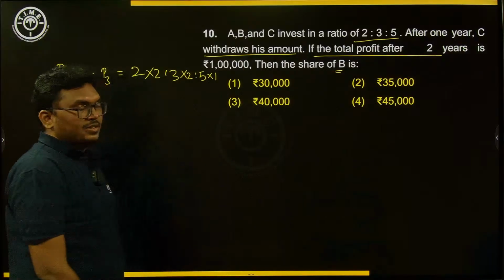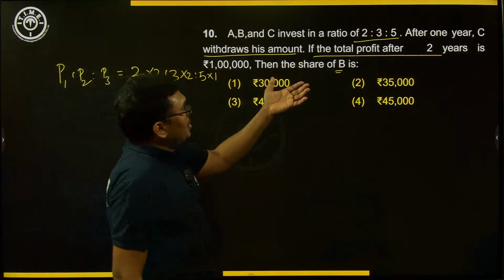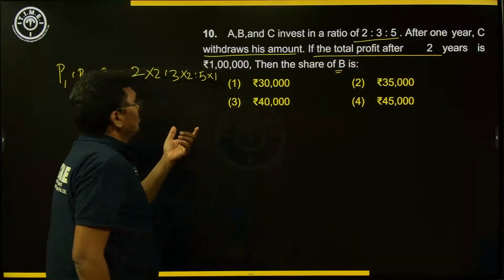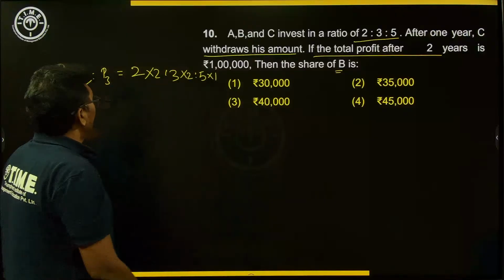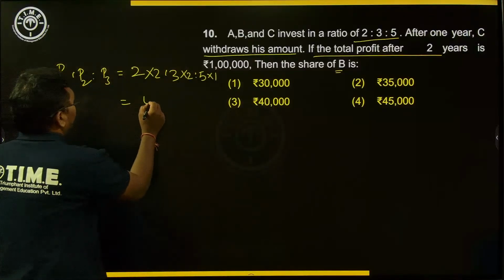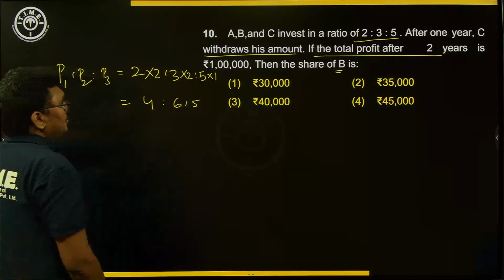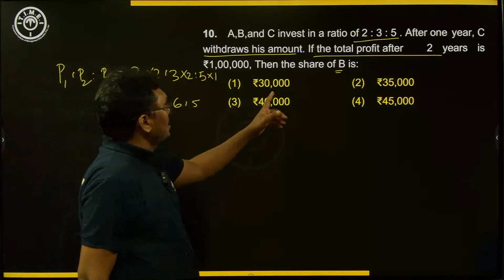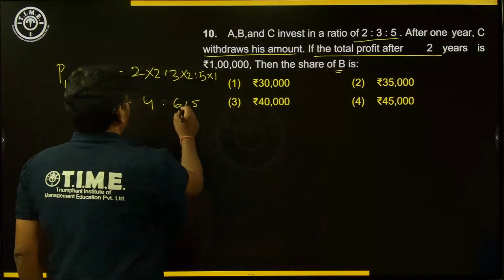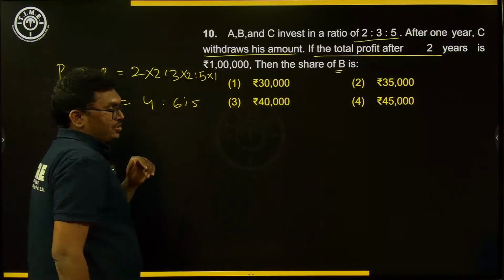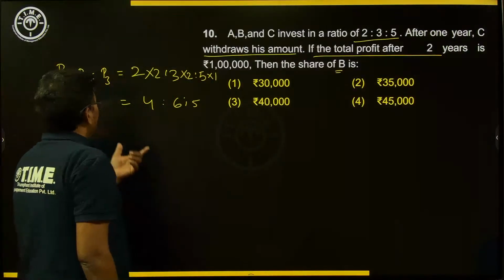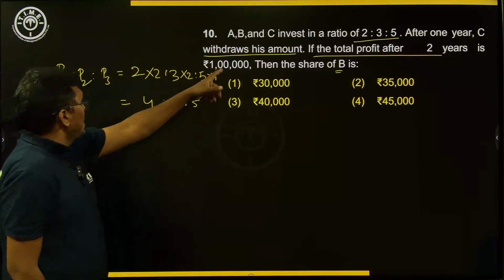Because he withdrew after 1 year, he put the investment for only 1 year. Next, this is 4 is to 6 is to 5. What you have to find is the share of B. This is the profit ratio, and the total profit is 1 lakh, so they are sharing the 1 lakh in this ratio.